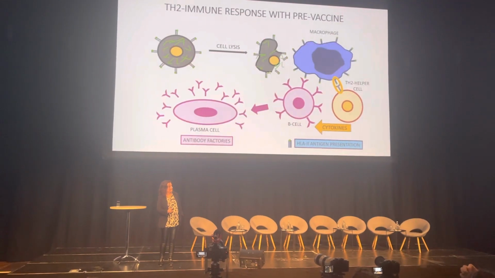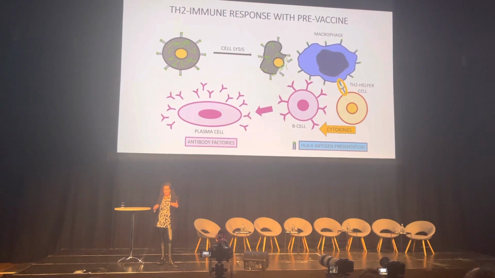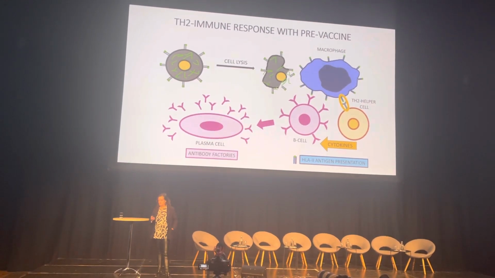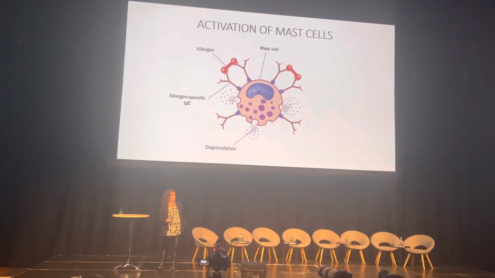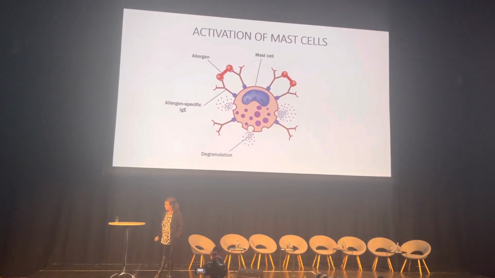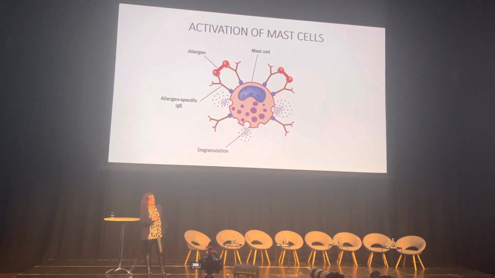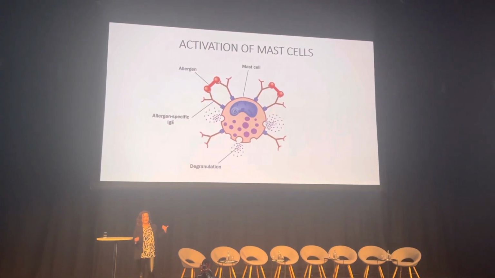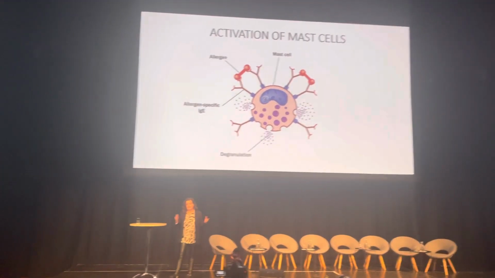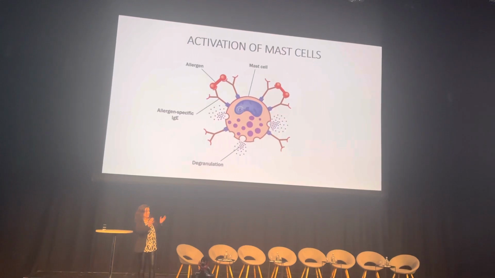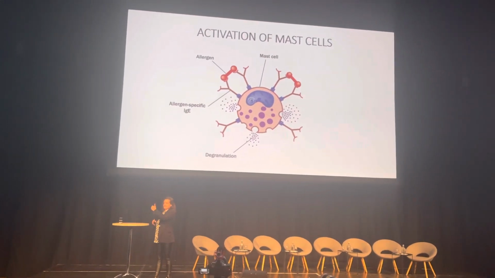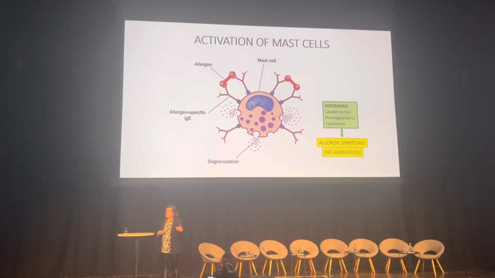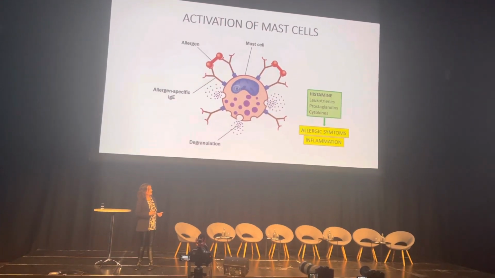Okay, or I should say here, if you have a high production of antibodies, there's another problem, is that you also produce different subtypes of antibodies. For example, IgE also. And that activates mast cells. And mast cell, everybody who has allergies knows what mast cell is. It's a cell that contains small sort of bubbles filled with chemical signals, especially histamine, and that is giving us allergic symptoms.